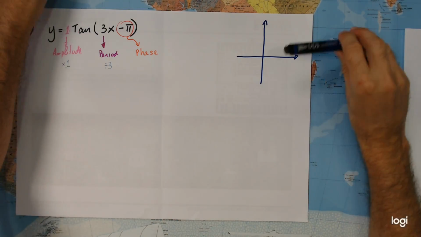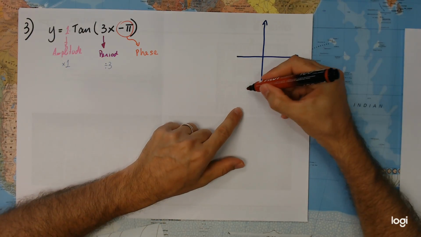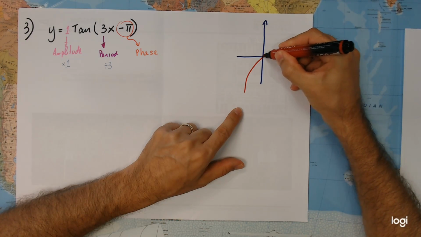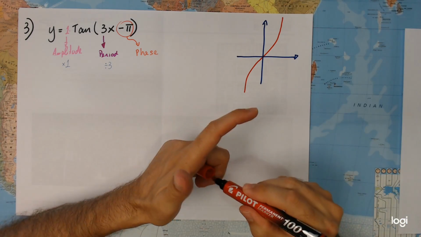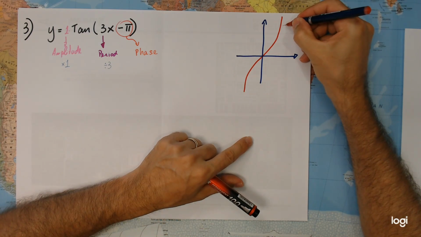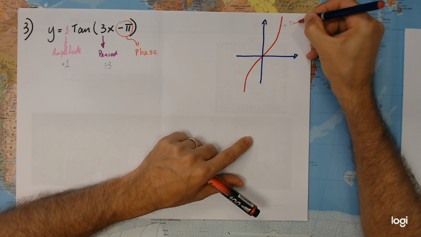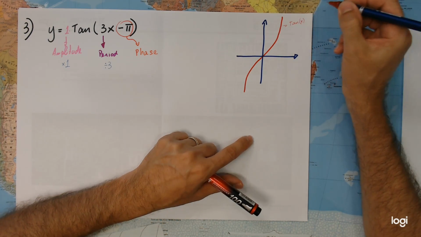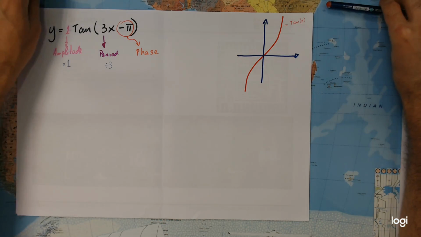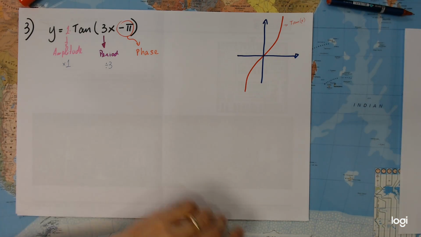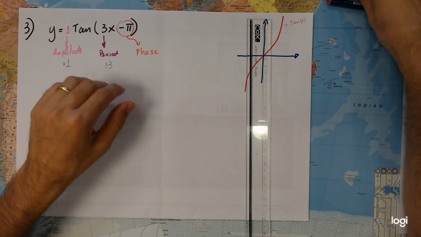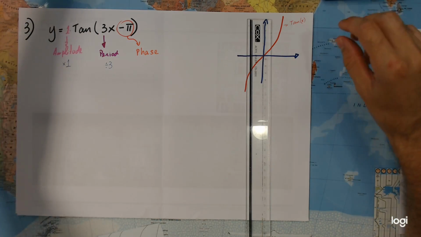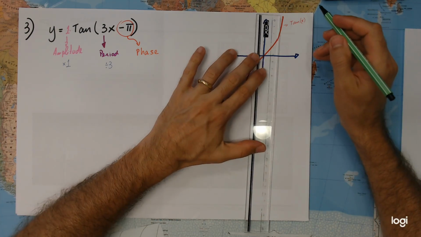If we could draw this, this is a tangent of x, okay, this is our curve, and remember that asymptote is just like this one. Let's make it green. Why not?